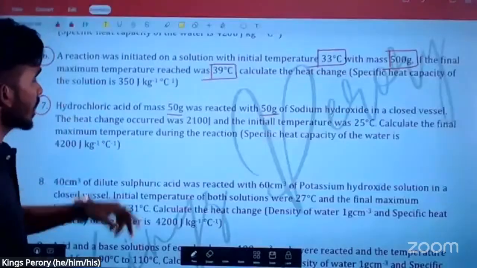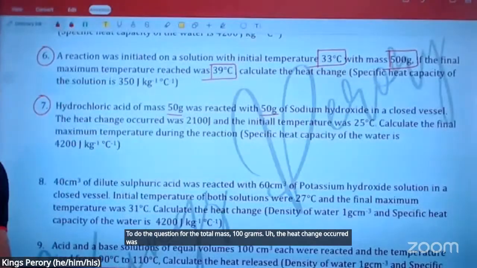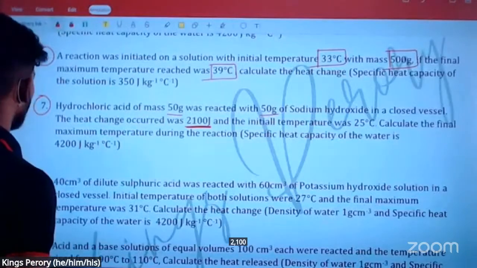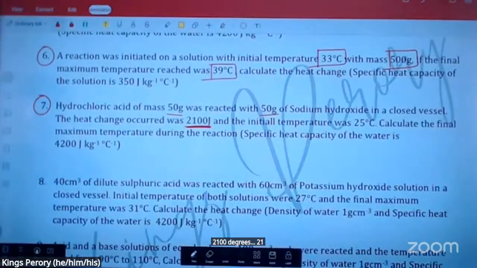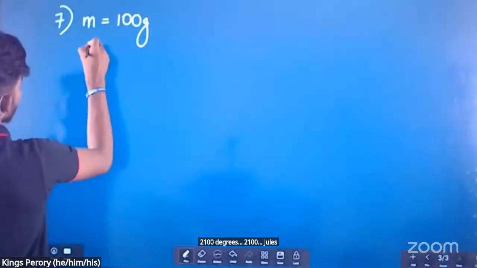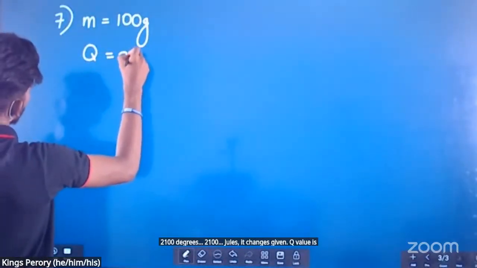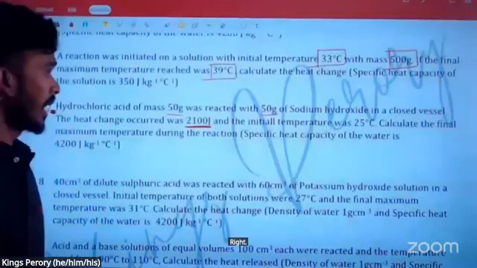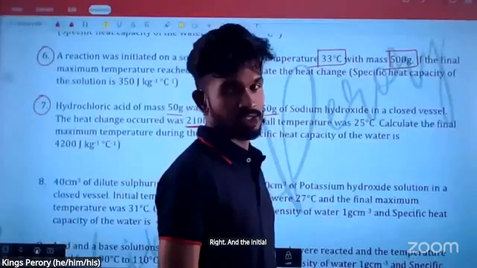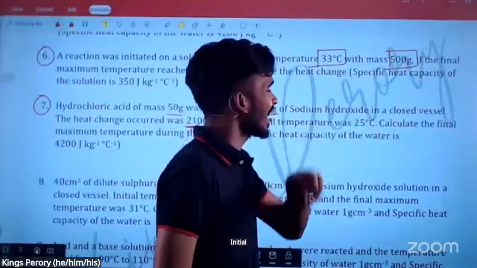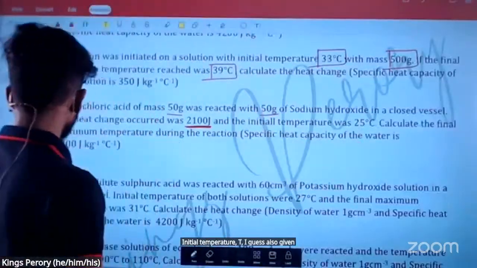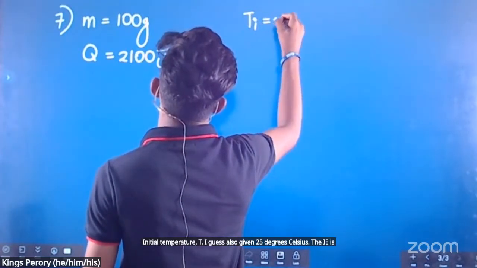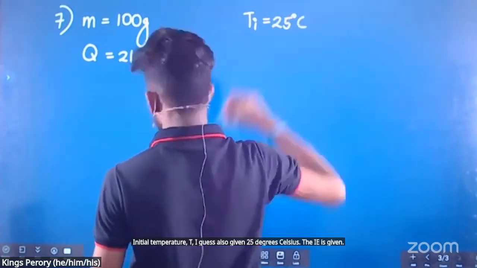The heat change that occurred is given. Q is given, 2100 joules. The initial temperature, Ti, is also given, 25 degrees Celsius.